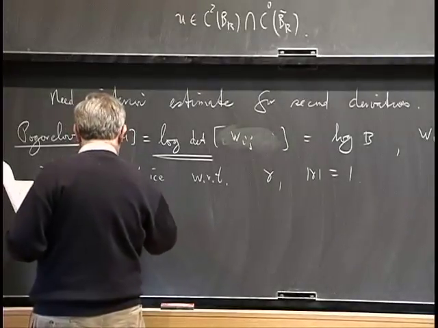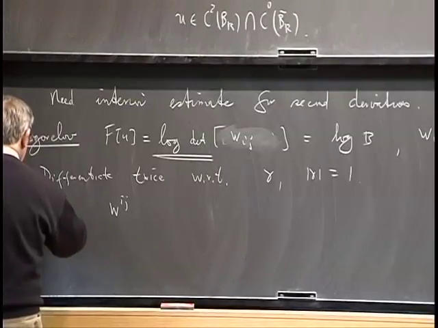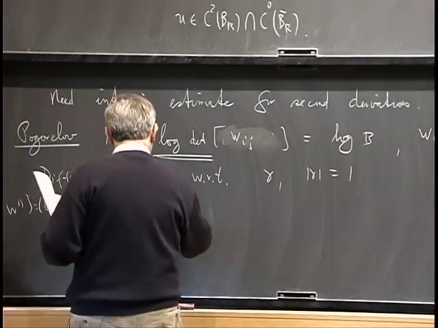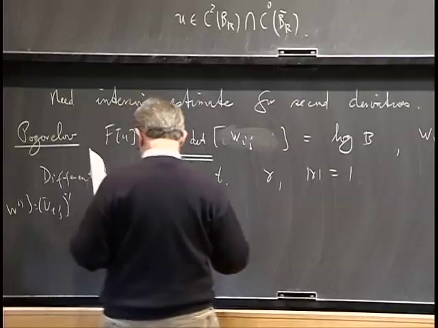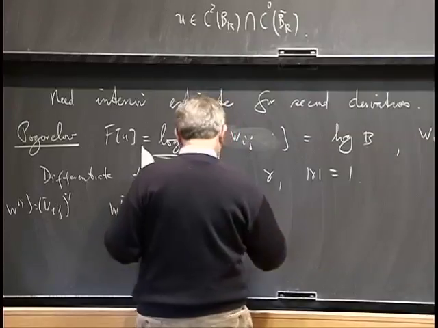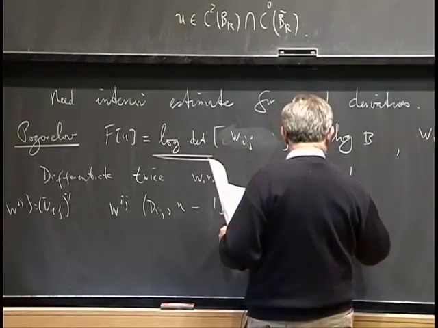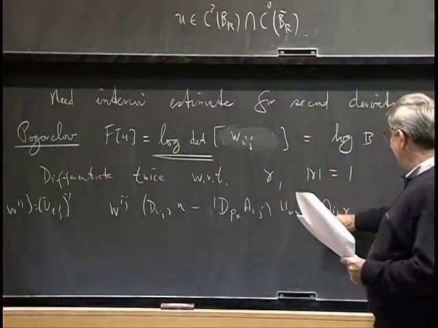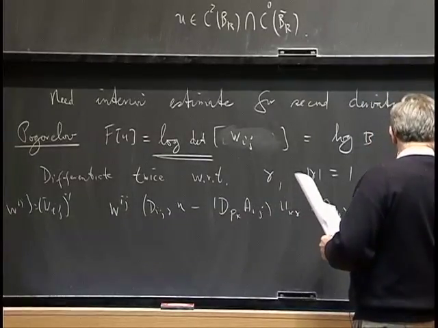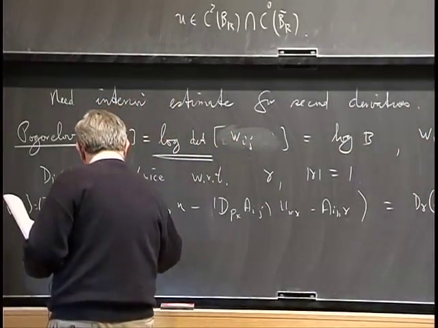I'll use upper indices for the inverse, so let me use W^ij to be the inverse of W sub ij, and so we have W^ij times D_ij gamma u, k, and we differentiate once, so we're going to get the D_pk of this A_ij, and this will multiply u_k gamma, and then there's going to be a minus an A_ij, and this is the derivative with respect to the x gamma of this term. So we get that, and this is simply going to be D gamma of the log b. That's one derivative.